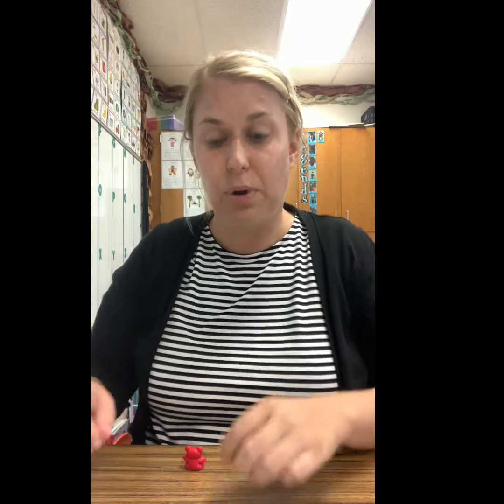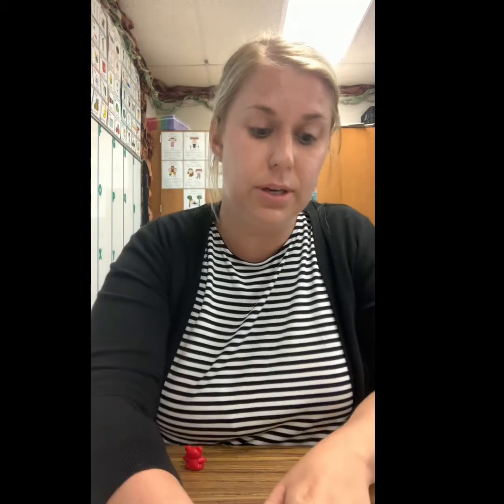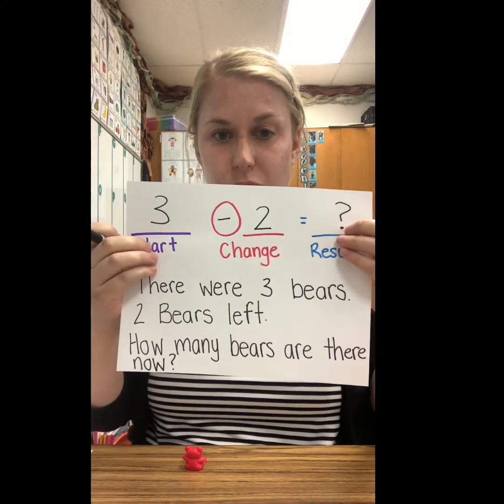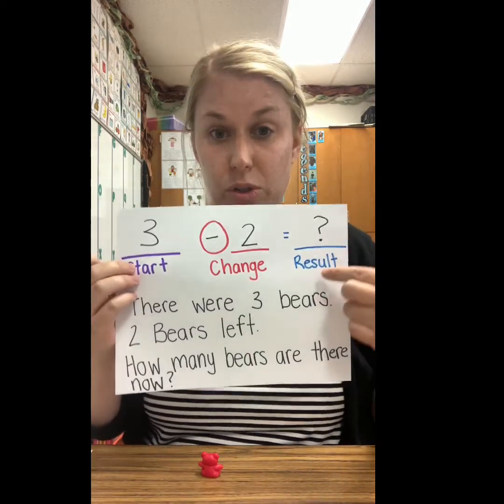When we take an amount away, or when we start with an amount and we separate it, that means we're subtracting because the amount is getting smaller, okay? So in this problem, I would need to put the minus sign here to figure out how many are left. If I do 3 minus 2, I end up with 1, and that matches what happened here. We had 1 bear left. So this was a problem that we needed to use subtraction to solve.